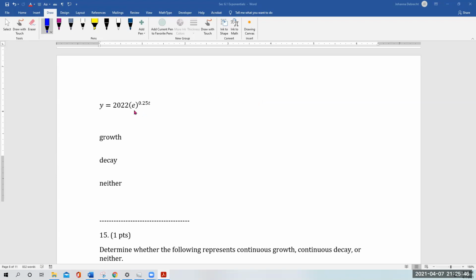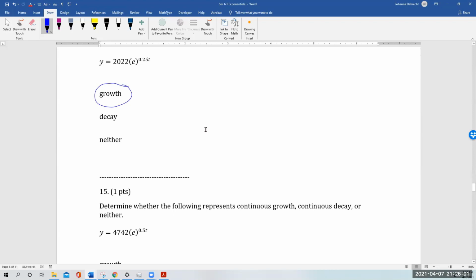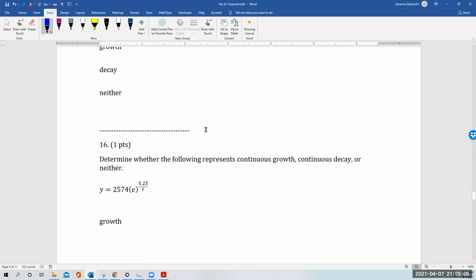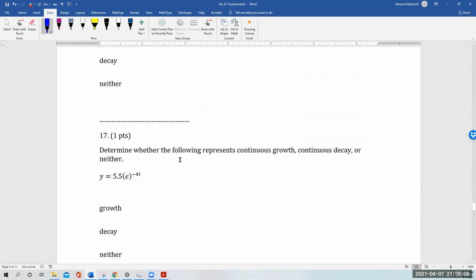In this case, because I have E being raised to the 0.25t power, I know that this is a growth problem. Now I can circle growth. Again, how do I know that it is a growth problem? Let's compare it to one where we have a decay problem. That would be this problem right here.